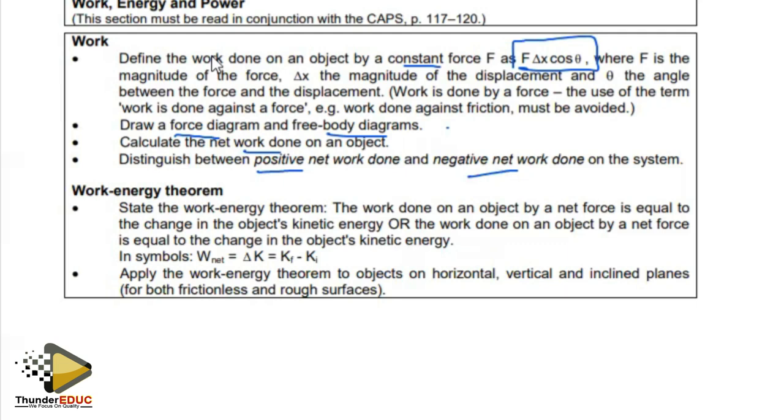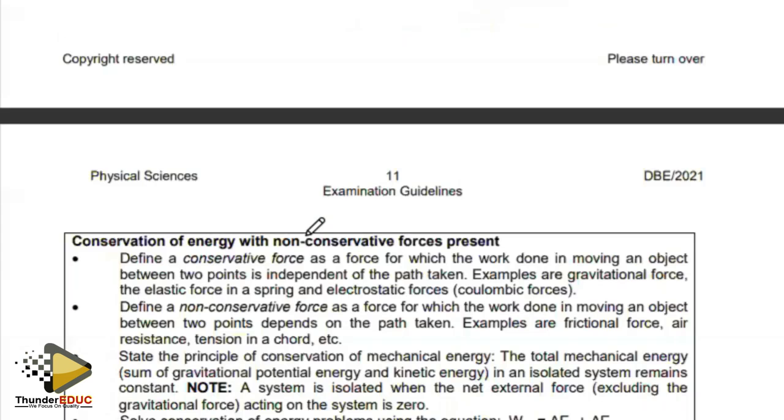Work done on the system and work done by the system. Then we love this, the work energy theorem. You need to know at least how to state it in words and then how to apply it in calculations. So you need to apply it to horizontal, vertical, and inclined planes.